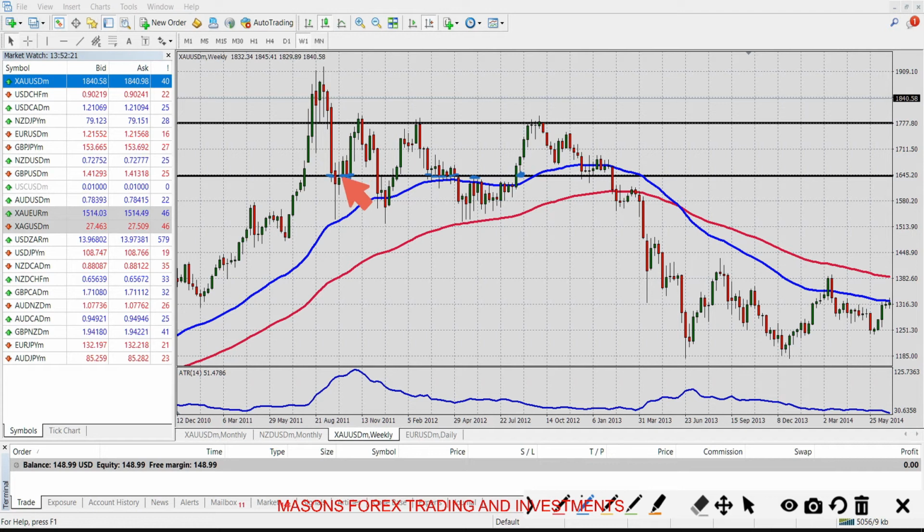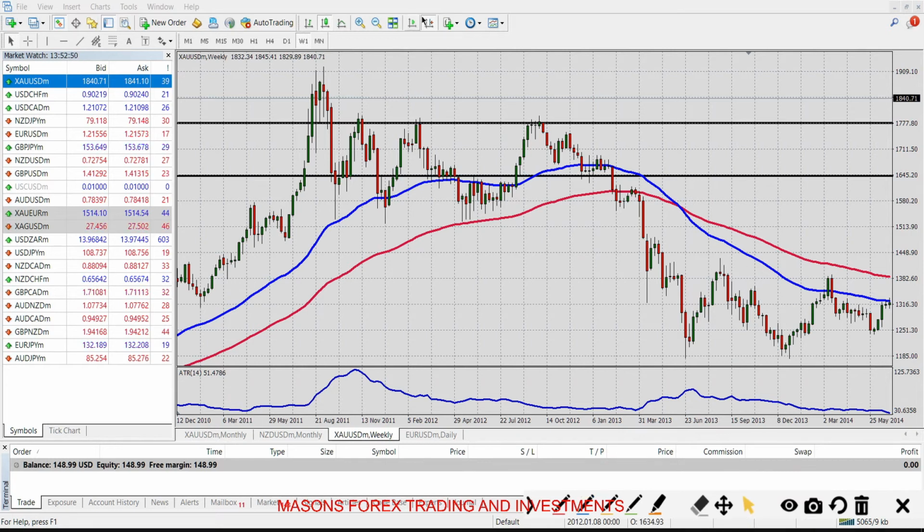So when it touches here, it reacts and either moves up or it can move lower. We just need points, reaction points. So it's reacting from this level. You'll see it moves away. And here it also moves away. So you can see we have 10 or 11 touches, giving us a good significant area.